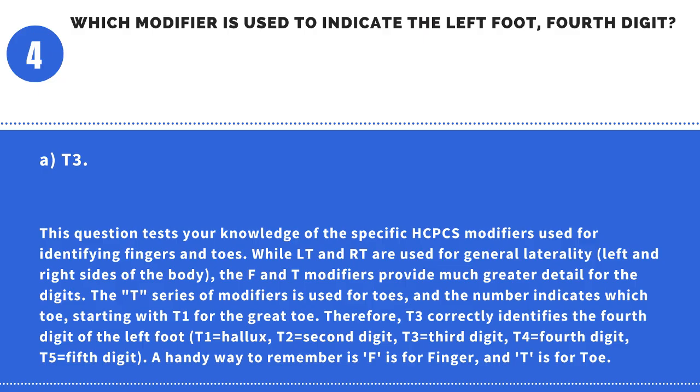The T series of modifiers is used for toes, and the number indicates which toe, starting with T1 for the great toe. Therefore, T3 correctly identifies the fourth digit of the left foot. T1 equals hallux, T2 equals second digit, T3 equals third digit, T4 equals fourth digit, T5 equals fifth digit. A handy way to remember is F is for finger, and T is for toe.